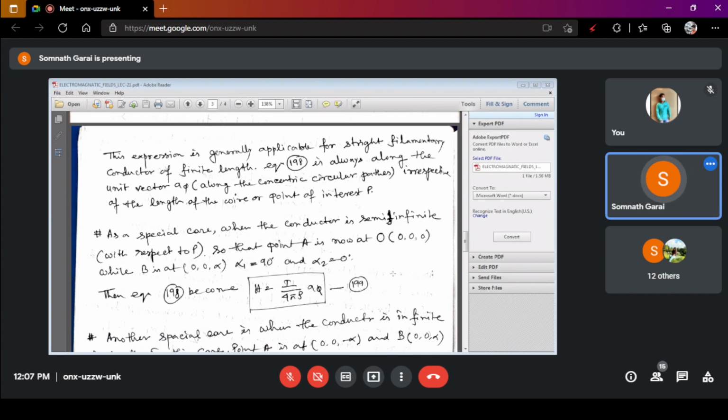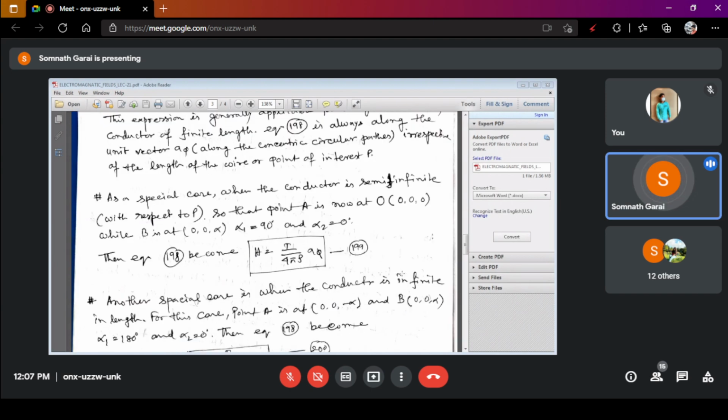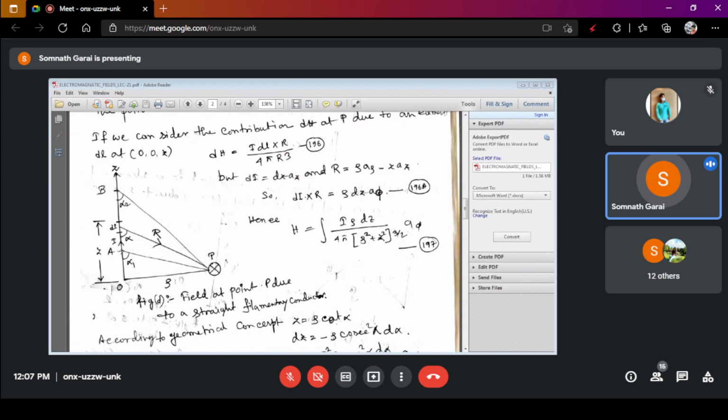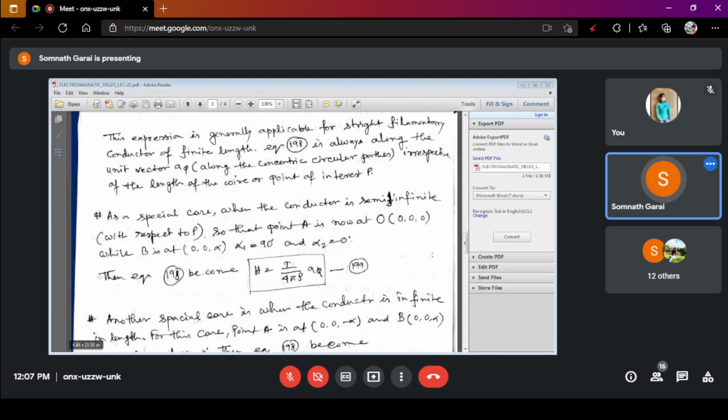Two special cases. The first special case is when the conductor is semi-infinite with respect to a point P. If the conductor is semi-infinite with respect to a point P, then the starting point of the current, point A, is now at the origin O. So the value of alpha 1 is a right angle, 90 degrees, and the B point goes to infinity.